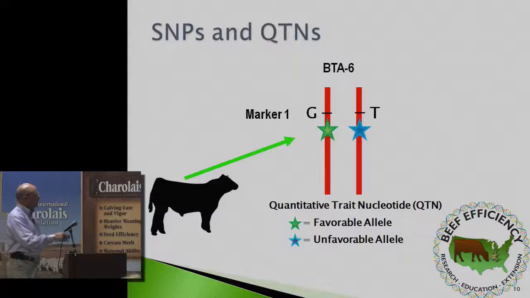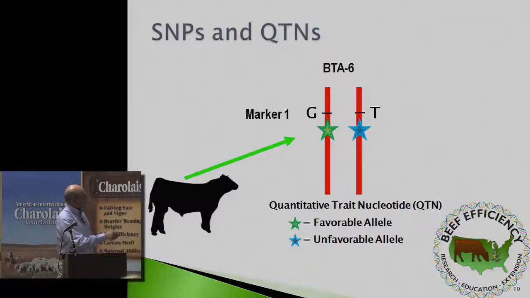Okay? So when we see a G, it's most often associated with favorable performance. Let's say this is weaning weight. And when we see animals that have T's, either homozygotes or heterozygotes, they tend to have less favorable performance.